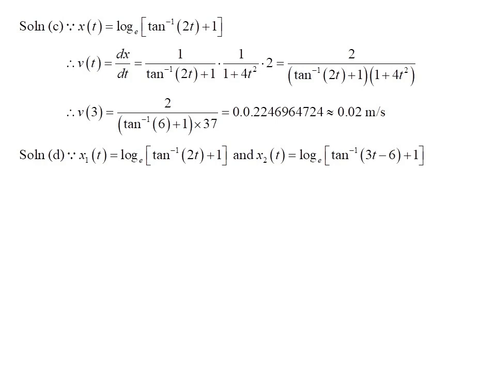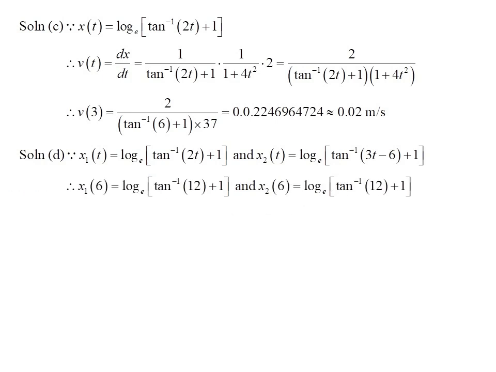And for the second particle, x2 equals logarithm base e of the sum of arctangent of (3t minus 6) and 1. So x1 of 6 equals logarithm base e of the sum of arctangent of 12 and 1. And x2 of 6 equals logarithm base e of the sum of arctangent of 12 and 1. Hence, x1 of 6 equals x2 of 6.